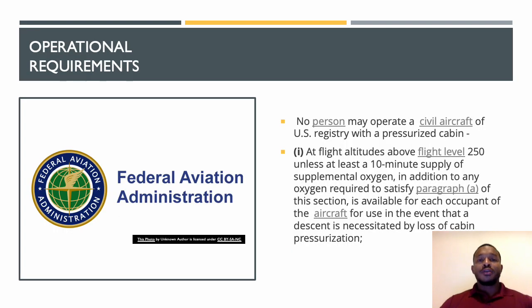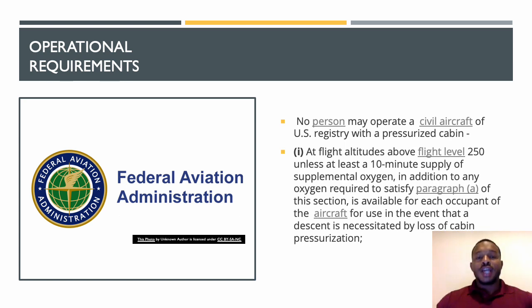Now, the FAA does have requirements for flying at higher altitudes and having additional oxygen when you are in a pressurized cabin. So, for example, a flight altitude above flight level 250, they must have at least 10 minutes of supplemental oxygen in addition to the oxygen requirements to satisfy paragraph A of this section.